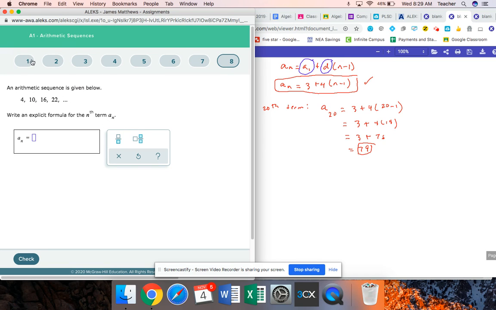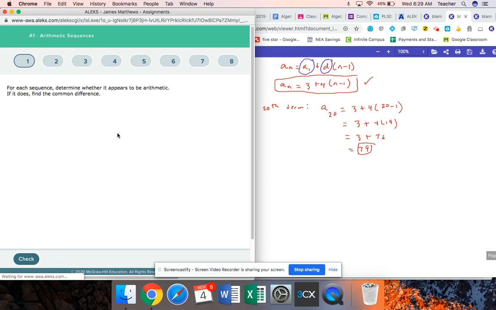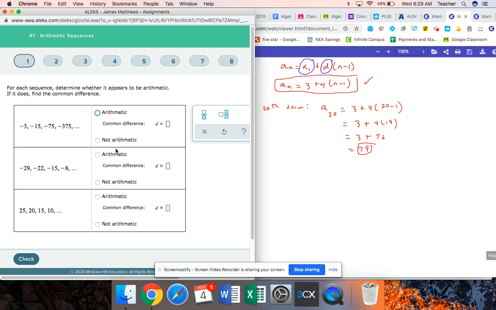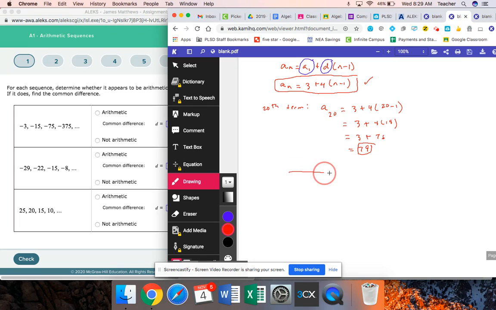And here, write an explicit formula for these. All right, same deal. In the beginning, I think it's more along the lines of just, is this arithmetic or not? So let me just do that here. Is this one arithmetic? If I have negative 3, negative 15, negative 75, negative 375. If I do negative 15 minus negative 3, that's a plus a positive, that's negative 12.